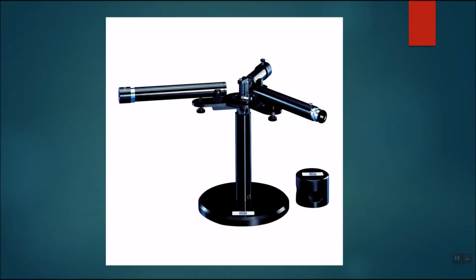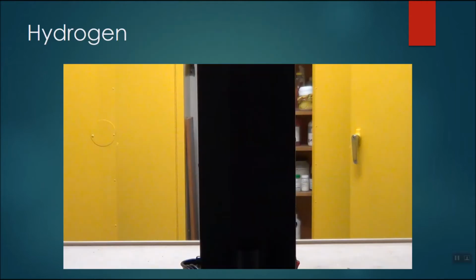All right, this is a much fancier spectroscope. This is the kind of spectroscope that you would find in a college class. So let's heat up some gases and see what kind of light they emit. Now, you're going to look at this and go, oh, this is like neon tubes.